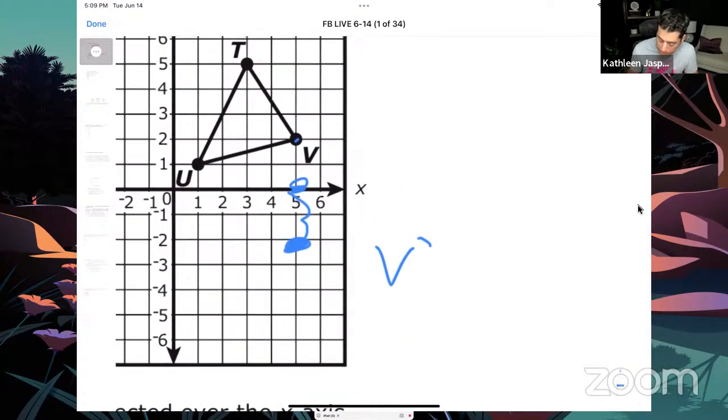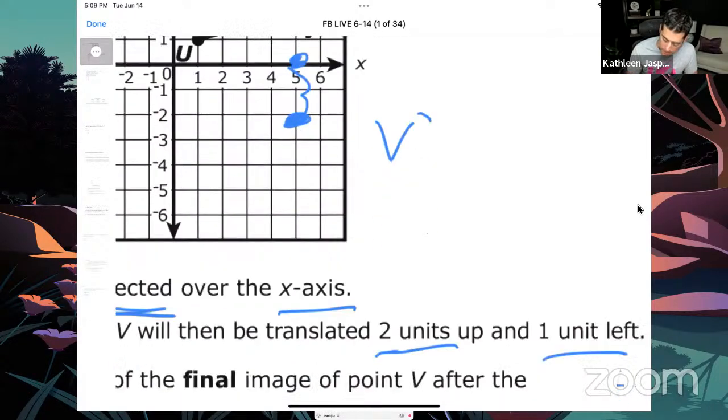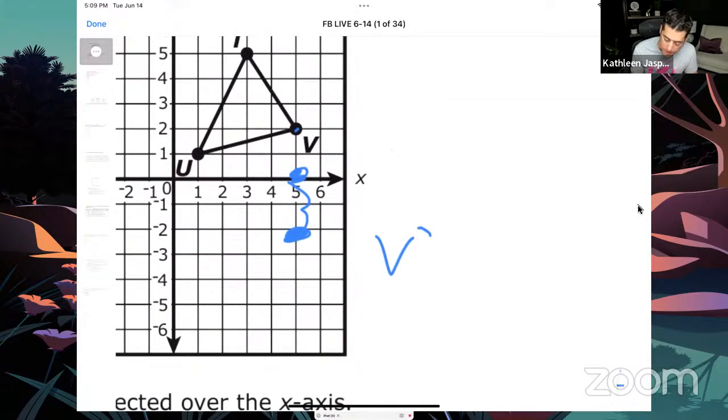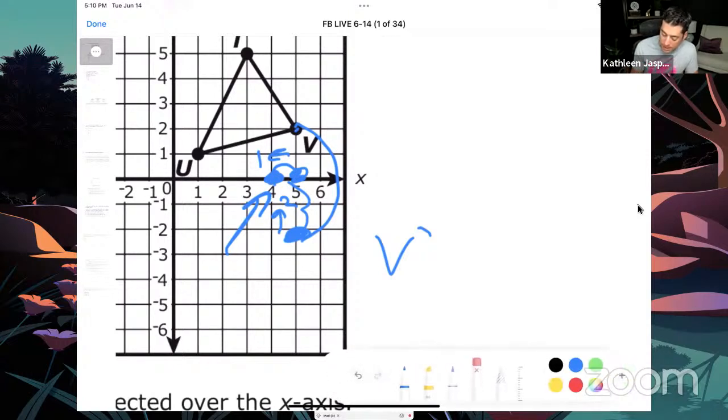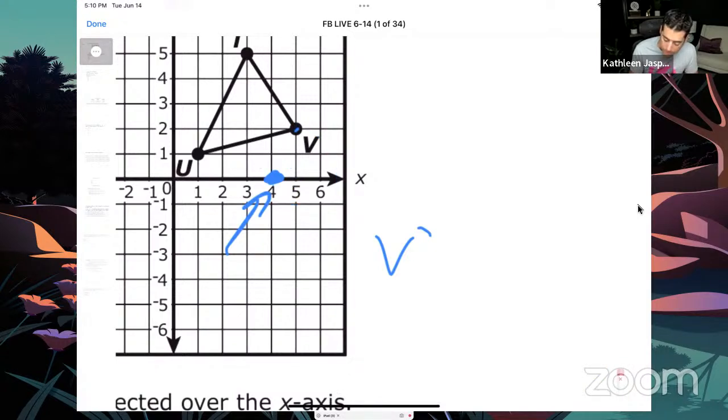Okay, that's better. So you see how I went up to here, and then it says 1 unit to the left. So this point right here is my new point, because I reflected over the x-axis, then I went up 2 and left 1. I know that's really confusing as far as those squiggles, but ultimately that's what you get.